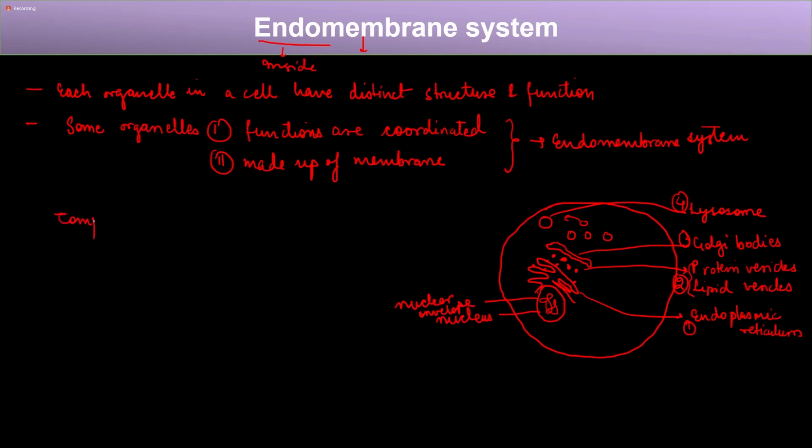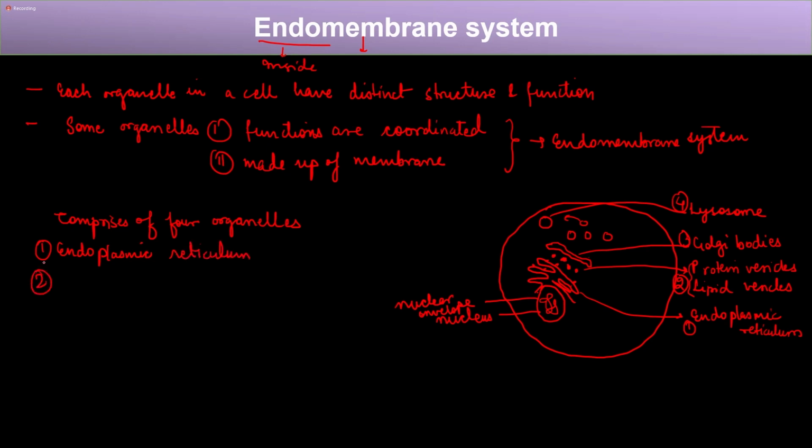The endomembrane system comprises four organelles. What are these organelles? The first is the endoplasmic reticulum.